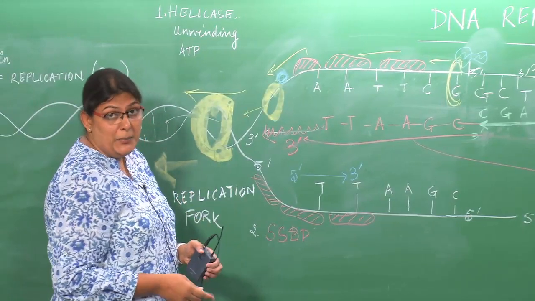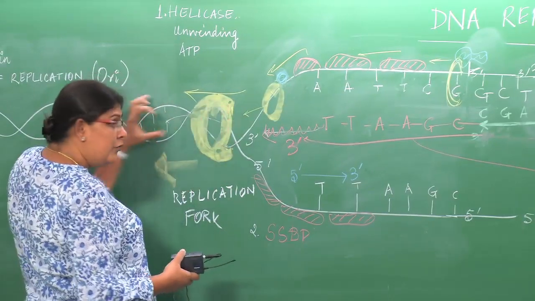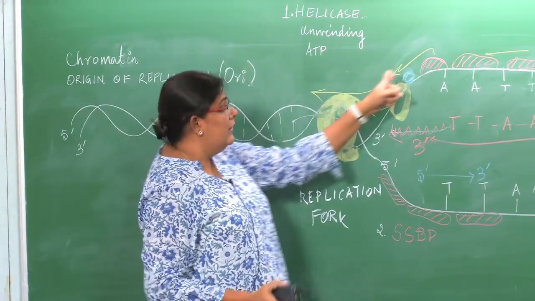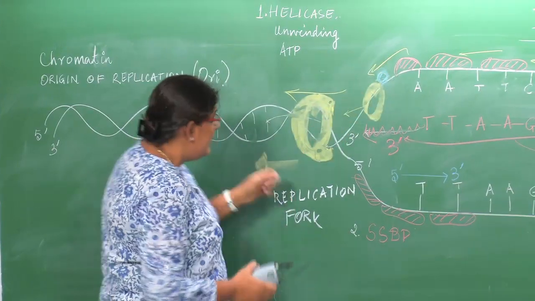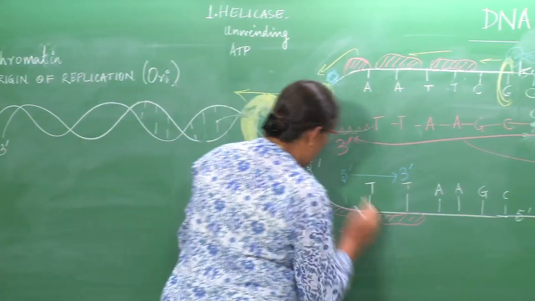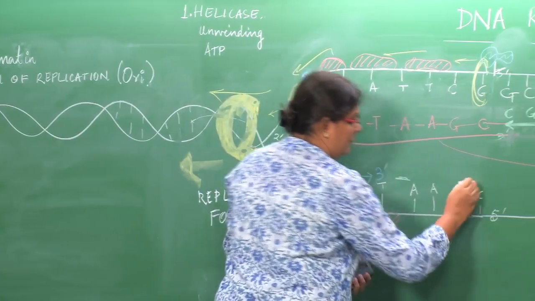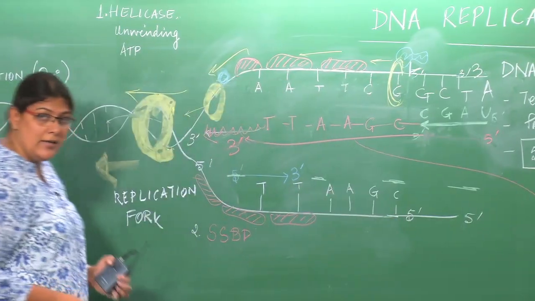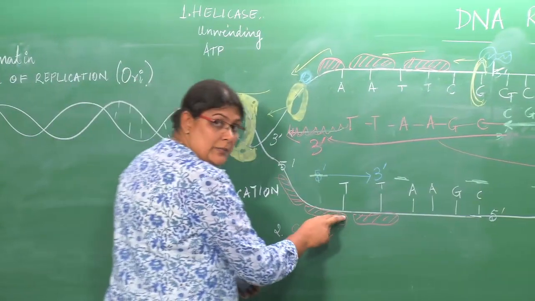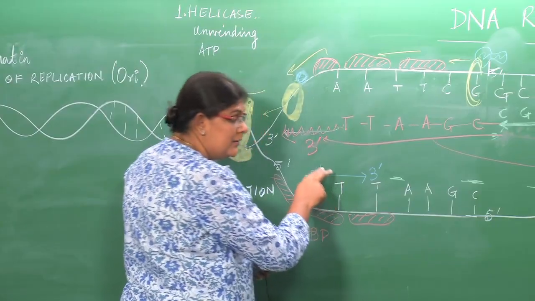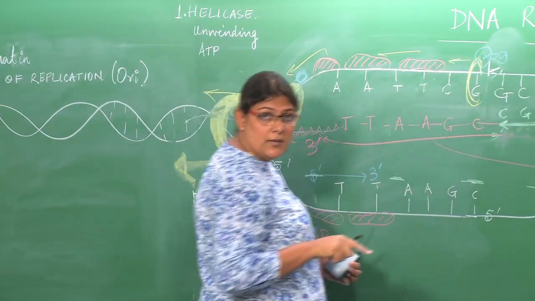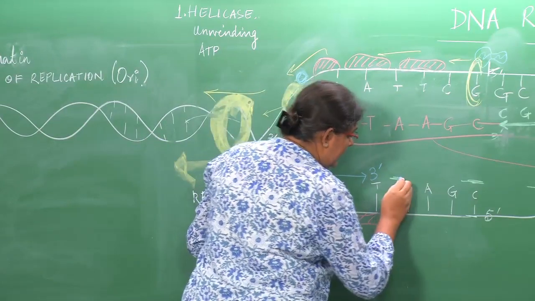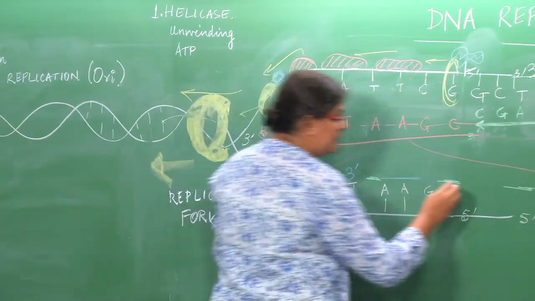But there is another problem it encounters, because the helicase is moving faster and keeps on unwinding, and as it keeps on unwinding, the primase keeps on adding primers. All right. So, in this strand, for this particular complementary strand, the DNA polymerase cannot synthesize the new nucleotides in one stretch. It has to keep on adding these in stretches.